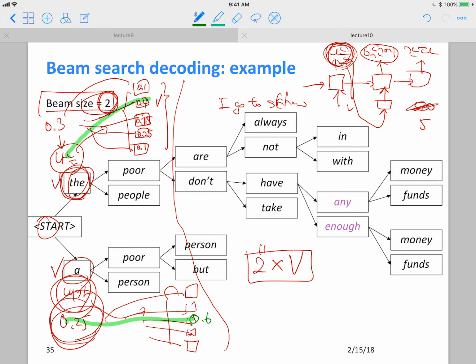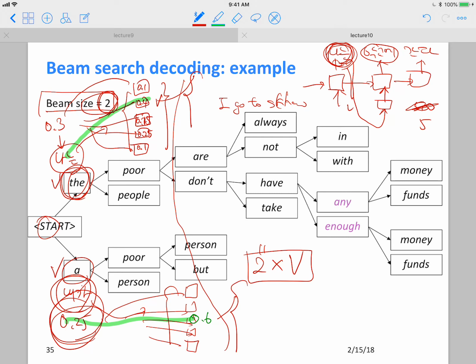Anyway, we have two different possibilities of length 2, and from here we again do the softmax on these two different scenarios, compute the probabilities of these 3-word sequences, and choose the 2 maximum probability ones.